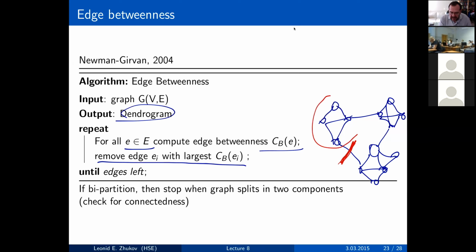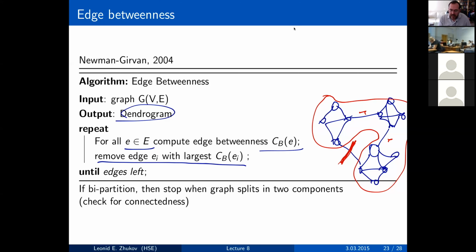So what's left is this piece. What we need to do then is to recompute edge betweenness, because after we remove this edge, the routes could have changed, and there might be other edges that are not as obvious as these two that are up for removal. So that's one point.